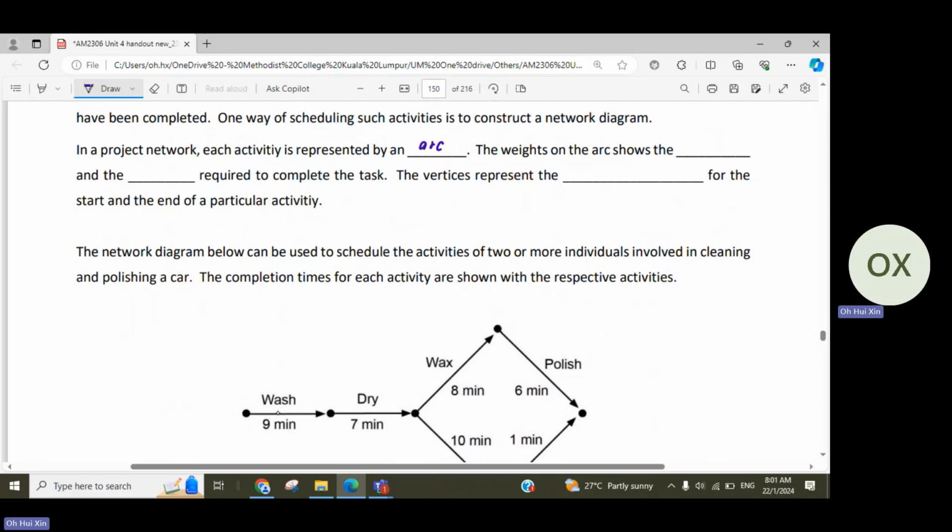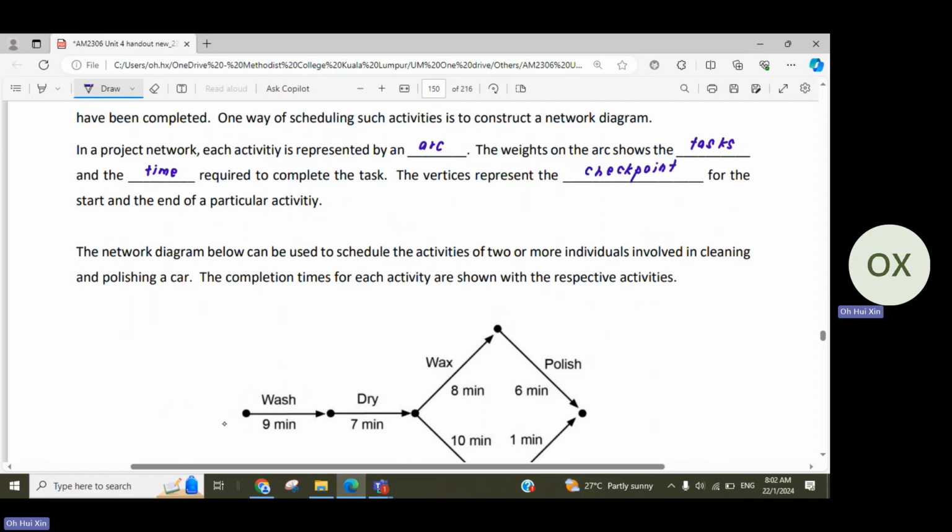The weights on the arcs show the task, meaning the activity, for example washing, and also the time you need to complete the task. So you need 9 minutes to complete washing, 7 minutes to complete drying, and so on. The vertices that you can see here represent the checkpoints of the start and the end of a particular activity.